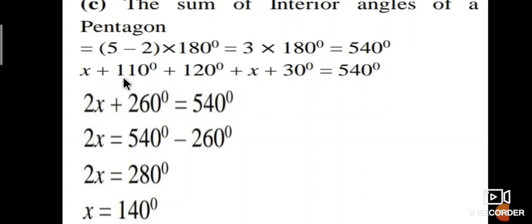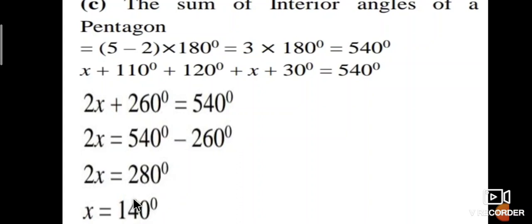Therefore x plus x plus 120 plus x plus 30 is equal to 540. 2x plus 260 is equal to 540 degrees. Then 2x is equal to 540 minus 260, because when we transfer 260 from the left side to the right side, it becomes minus 260. Therefore 2x is equal to 280 degrees.